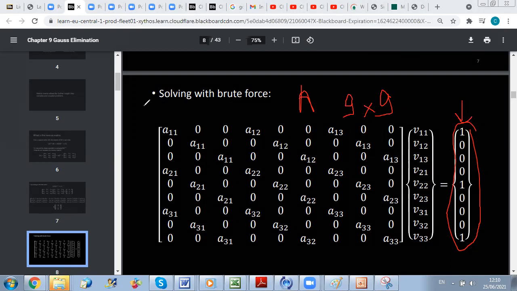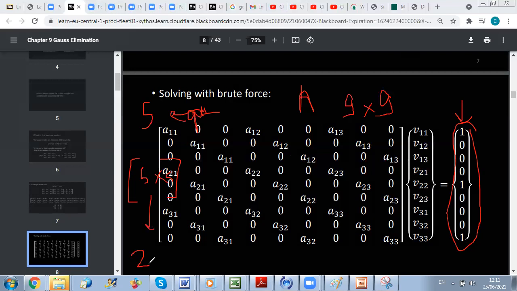Now imagine you have a 5 by 5 system. My starting system is 5 equations, so my matrix will be 5 by 5, and in this case I will end up with 25 equations.